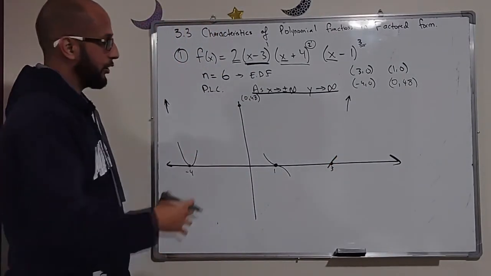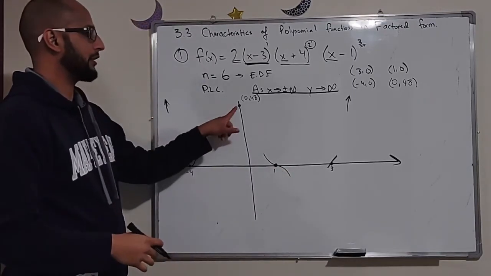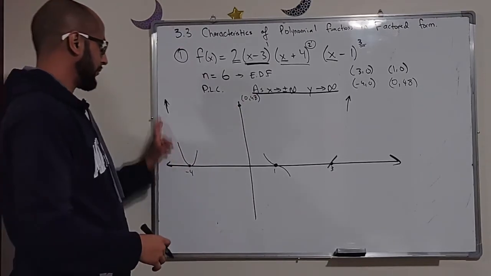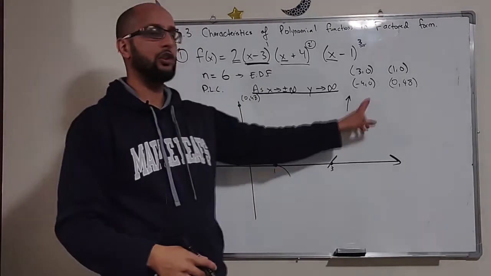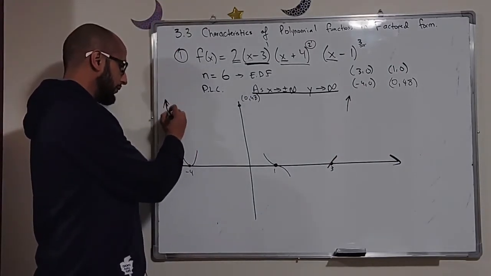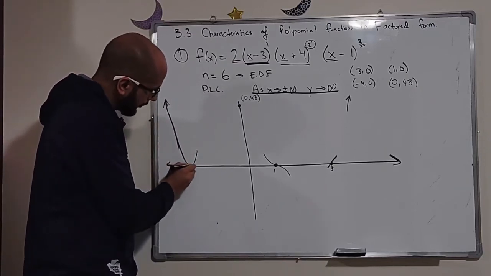With all this said, we don't know what's happening in between any of these x-intercepts, other than the fact that there's a y-intercept at 0, 48. At the very ends, the extremes, they need to approach positive infinity. So let's go through and connect our graph. Remember, these are sketches. The graph goes like this.